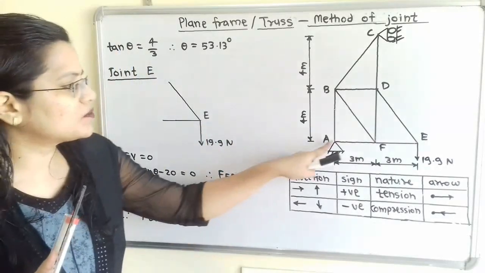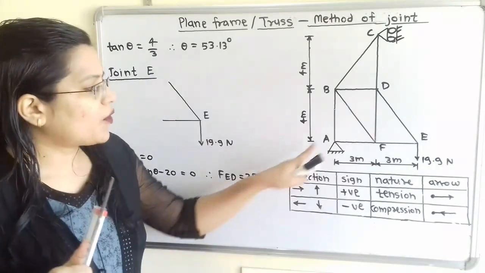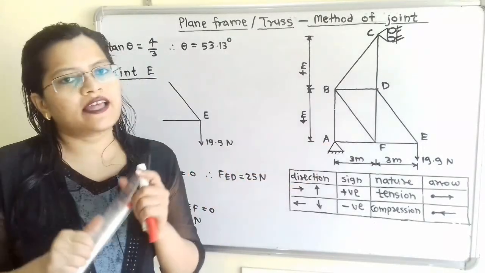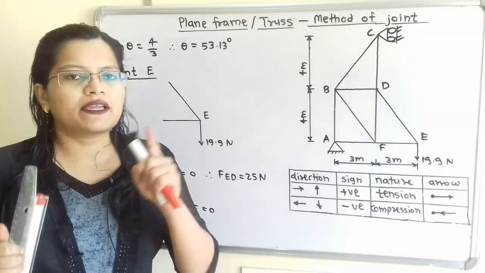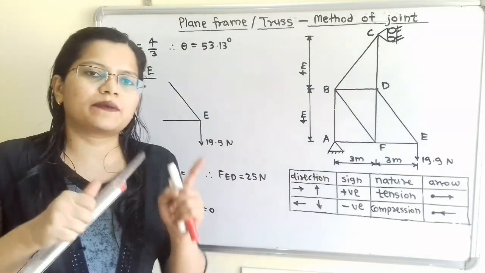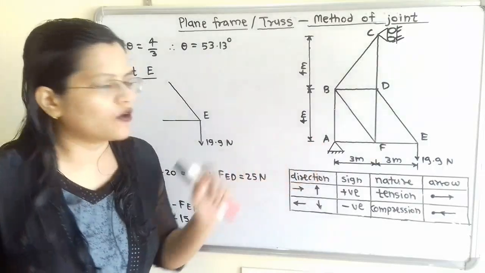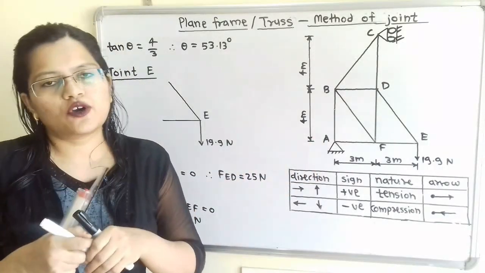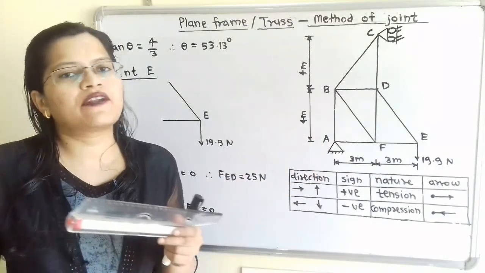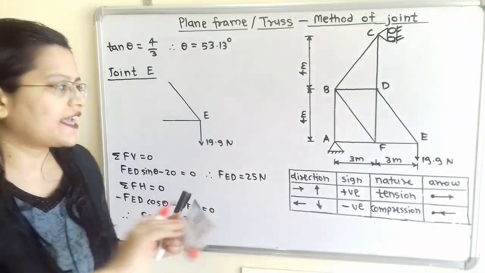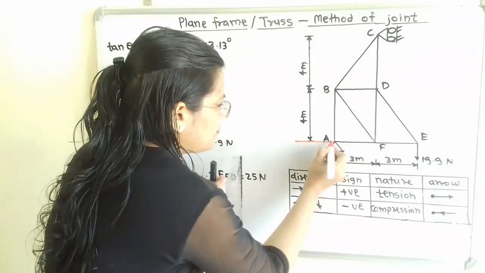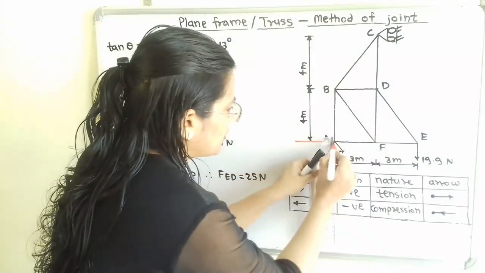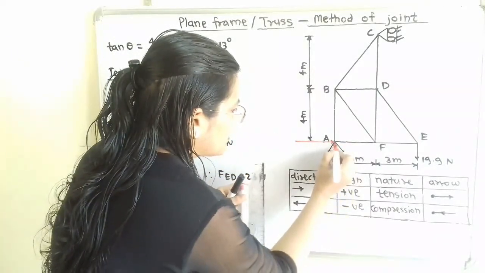Now we will first move to point A. At point A, the members are hinged, so the reaction can be in any direction because the members are free to rotate about point A. So we will show here the horizontal component and the vertical component of the reaction at point A. This is the horizontal component and this is the vertical component.